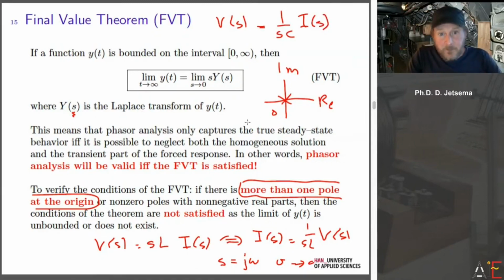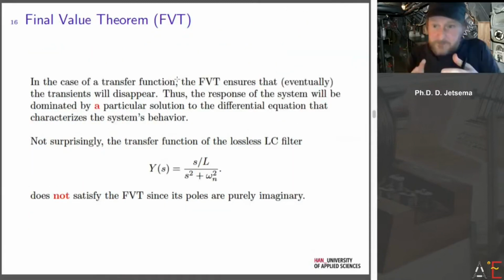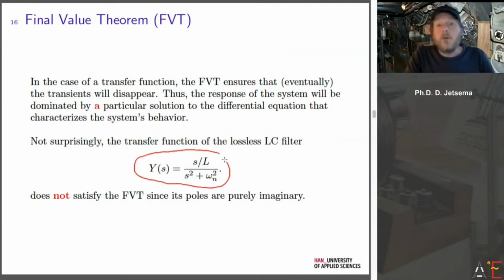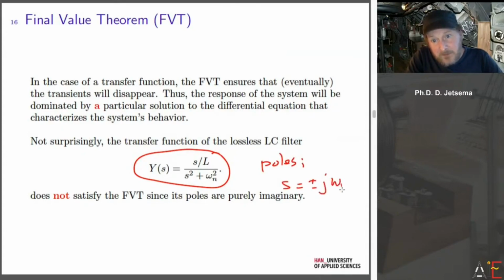But the problem is, if you make a combination of two lossless elements, like in the lossless LC filter, then this will be the transfer function. And the poles here are simply that s is plus or minus j omega_n.